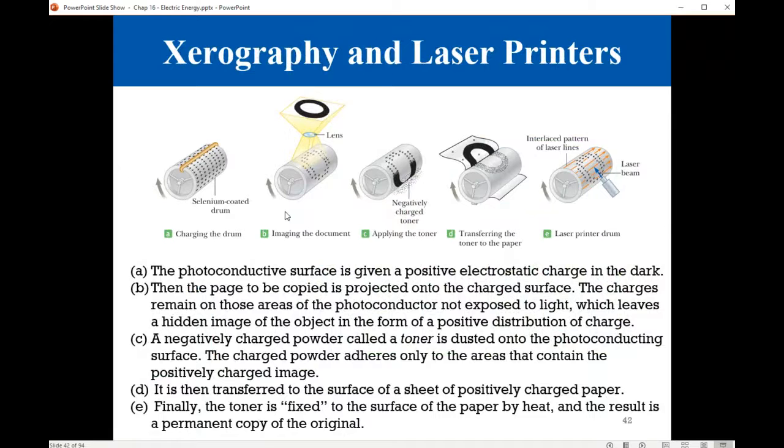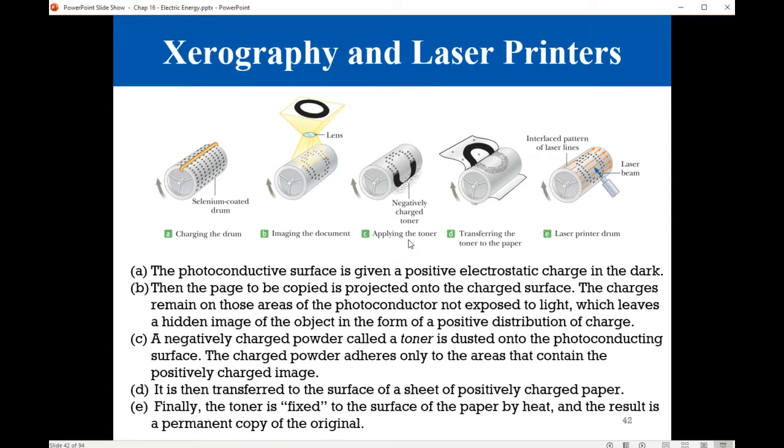Another application of electrostatics is the photocopying machine, xerography, that was invented in 1940. Also, laser printers follow a similar procedure. So here we start with a photoconductive surface that is given a positive electrostatic charge in the dark. Then the page to be copied is projected on the charged surface. Here we have an optical system with this lens that will project the page to create an image of the document.